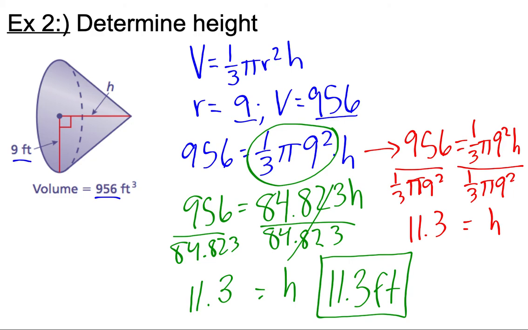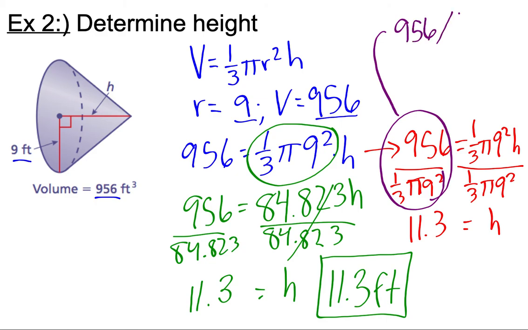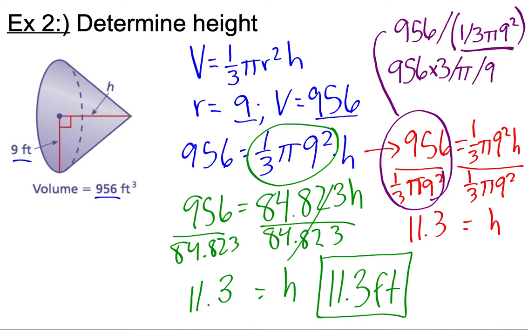But the thing to remember here, when you're plugging this into the calculator, you need to do 956, divide, and then put everything on bottom in parentheses so that the calculator knows to do that first and then divide by it. The other option is you can take the 956, dividing by 1/3 is the same as multiplying by 3, and then you can divide by pi and divide by 9 squared, and that will work to give you the same correct answer as well.